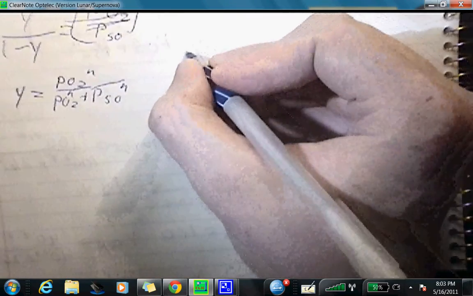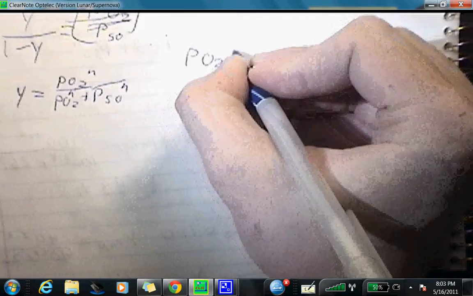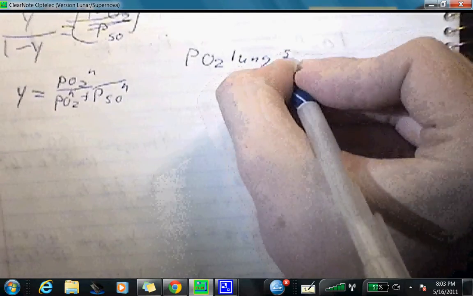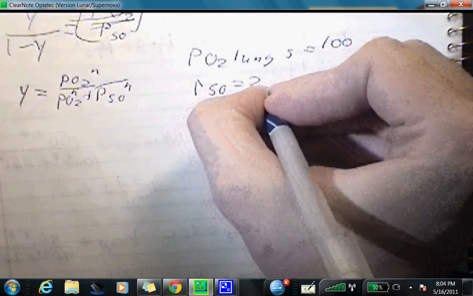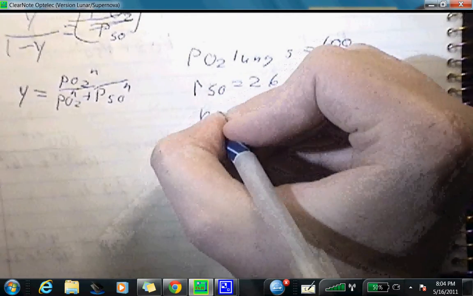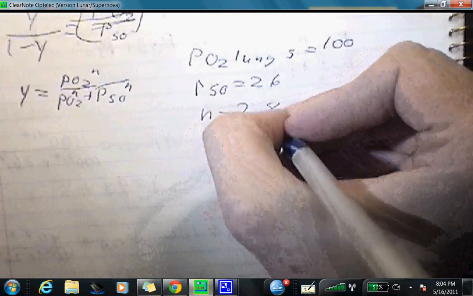So they give us our PO2 in lungs equals 100. They give us P50, which is going to equal 26. N equals 2.8.